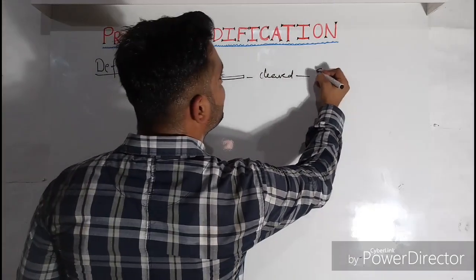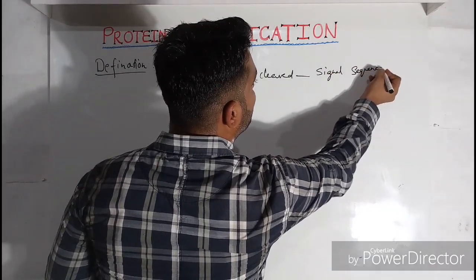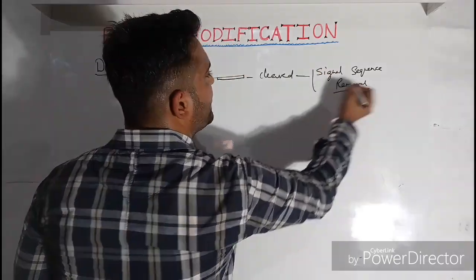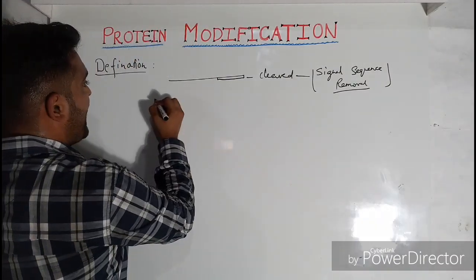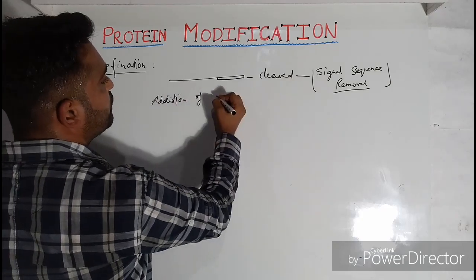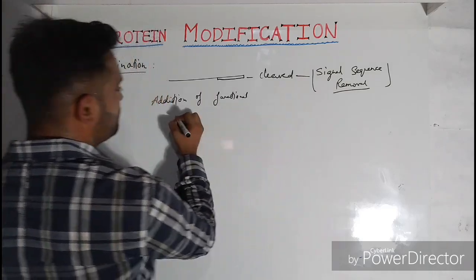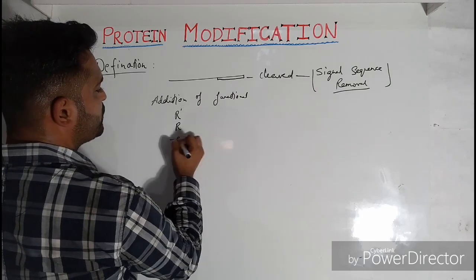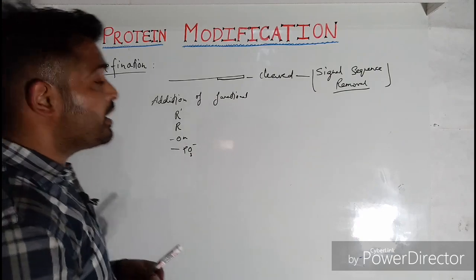This is known as signal sequence removal mainly, and we would discuss this in detail in future classes. Or we can say there is addition of some functional groups. Those functional groups can be alkyl group, methyl group, hydroxyl group, phosphoryl group, something like that.